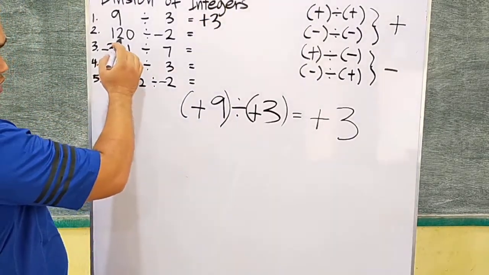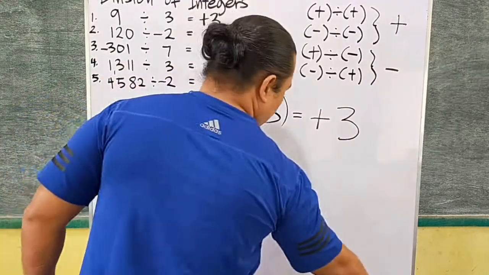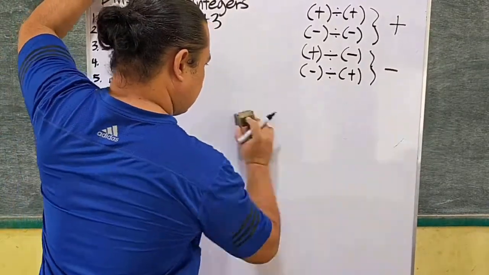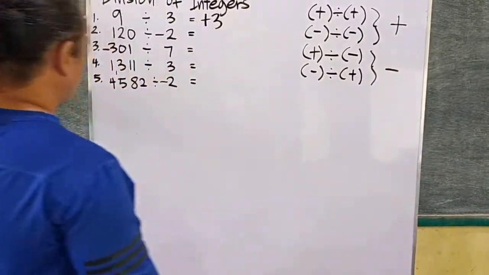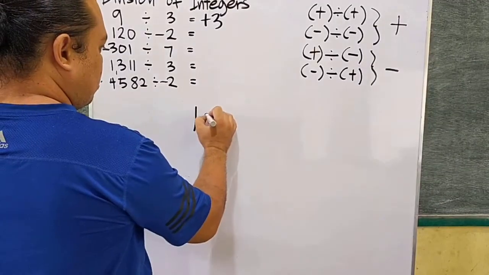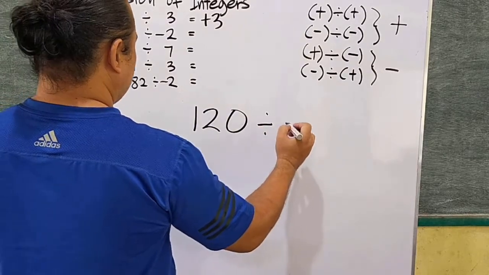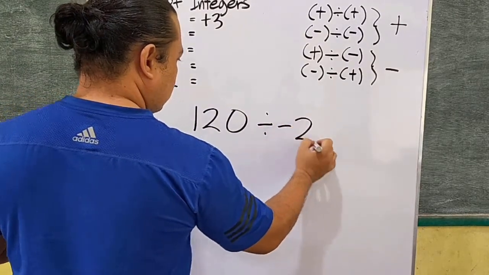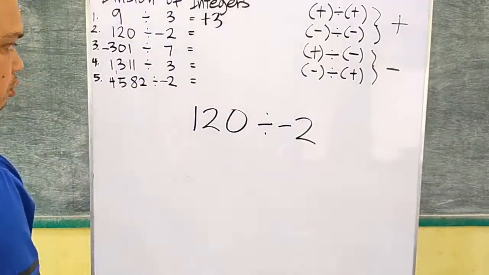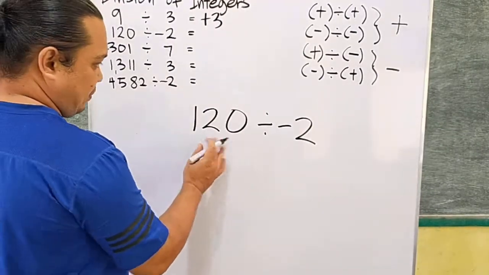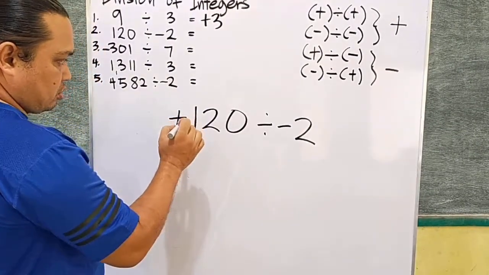Now let's answer number 2. That is 120 divided by negative 2. Okay? So 120 here is automatically a positive integer because it has no sign.